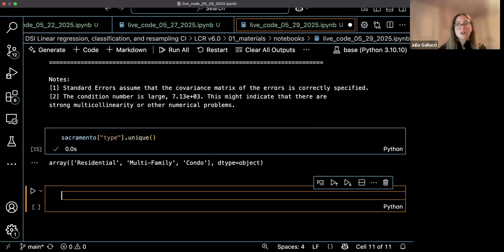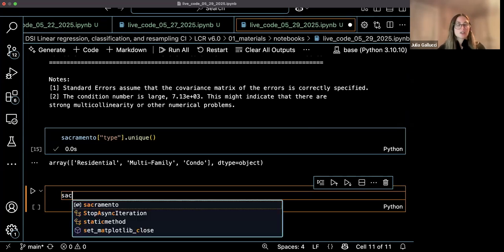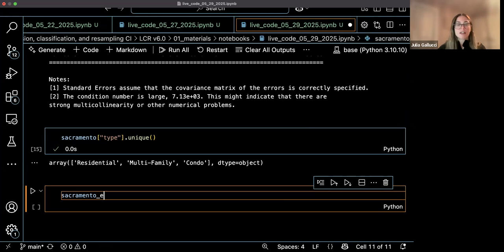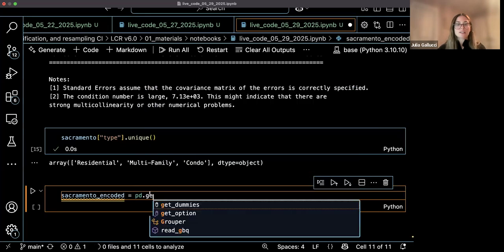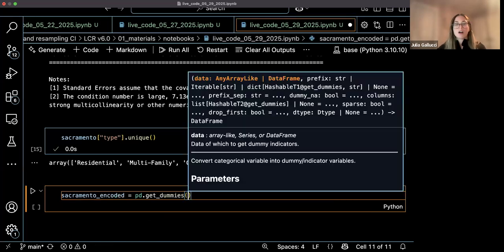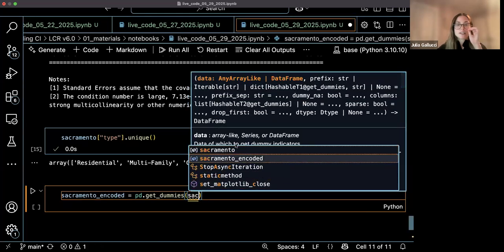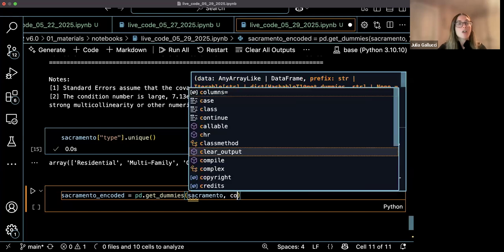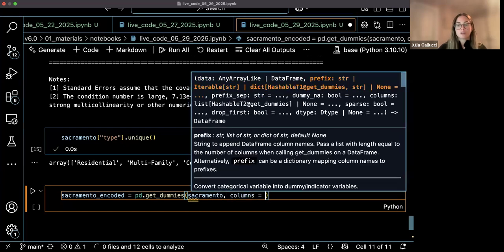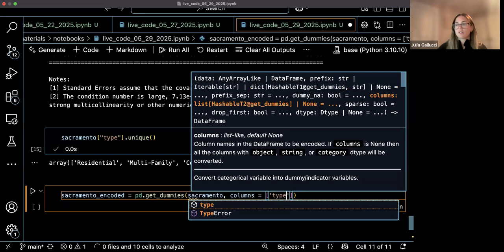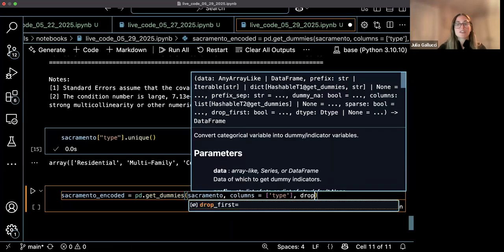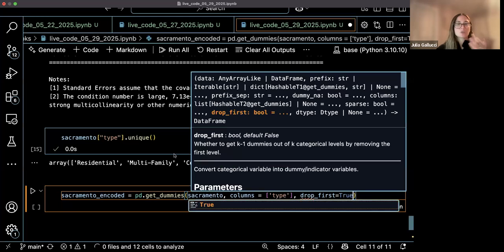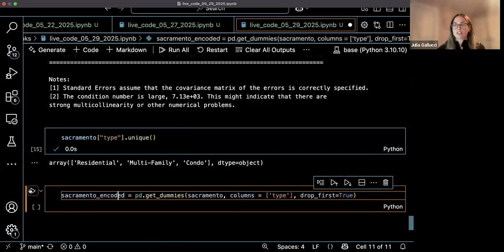We'll create a new data frame called Sacramento encoded, providing our data set and the specific column we want to convert, the type column. We'll also specify drop_first as True, and that's going to act as our reference category.